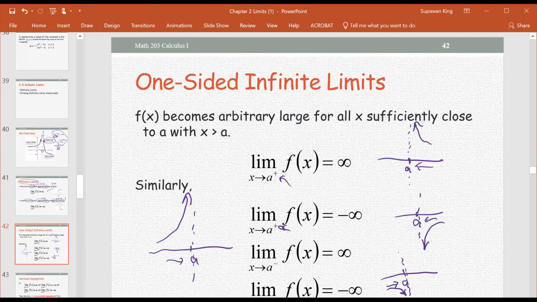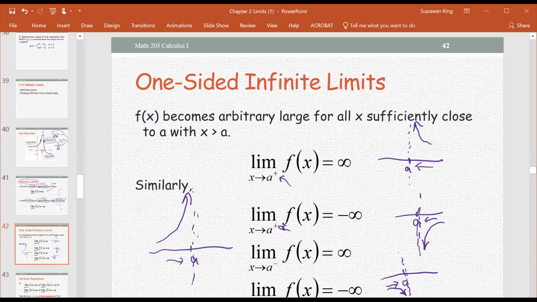Okay, as you see with a as a reference point, either the function coming from the left or from the right, the graph approaches the vertical line. This vertical line is called a vertical asymptote.